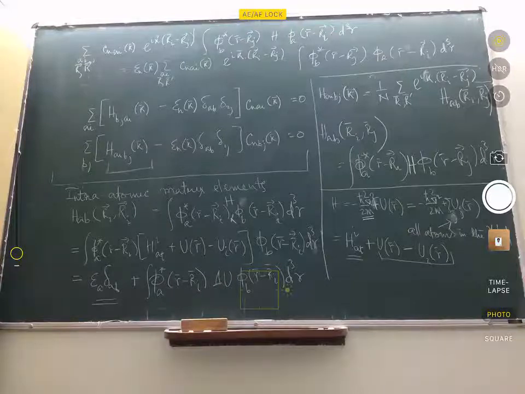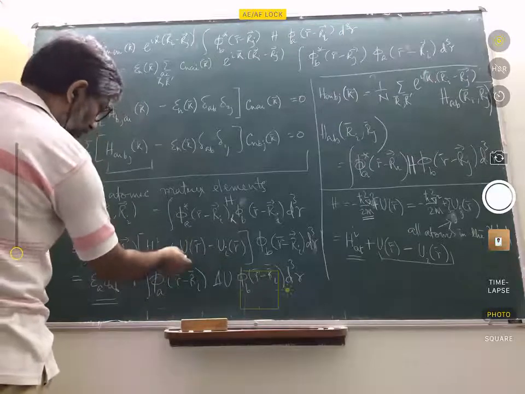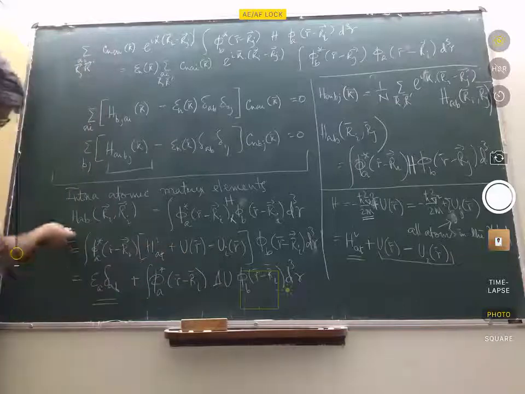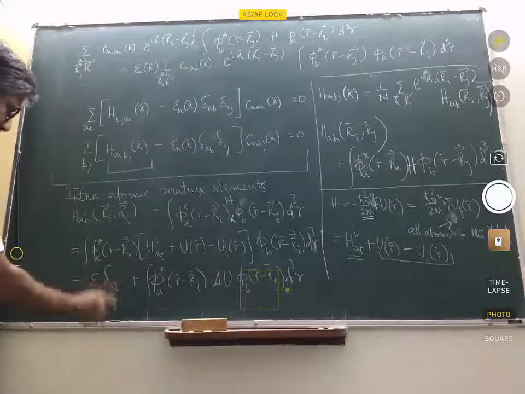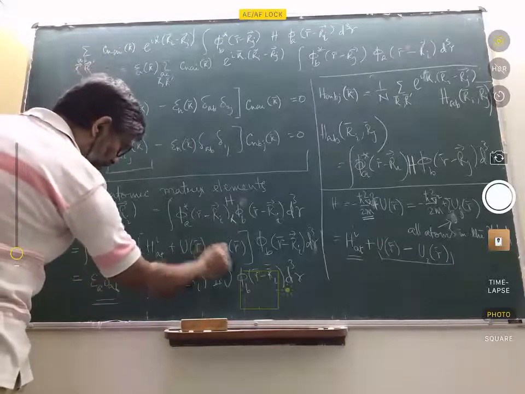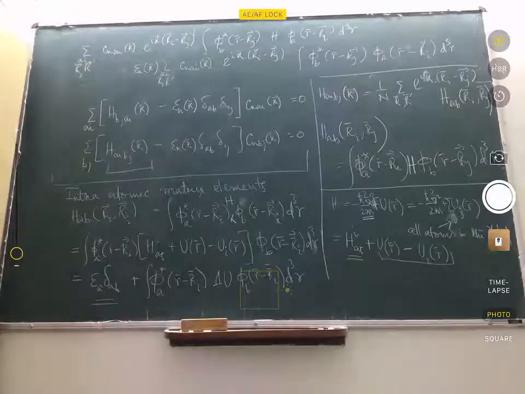However, if we include this term, there are additional contributions which come because of the neighboring atoms or all the other atoms in the crystal. So even in the on-site term, the diagonal matrix elements of the Hamiltonian, there are contributions from the neighboring atoms or distant atoms in the crystal.